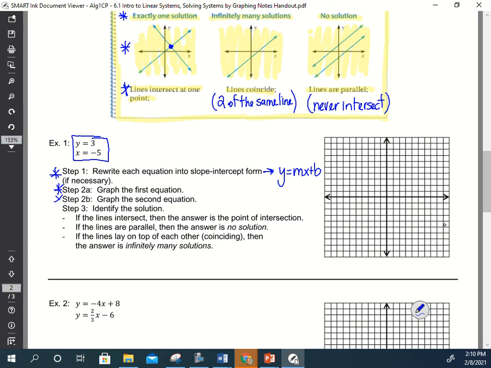The next step is to graph each equation. So you graph it like it's its own separate problem. So y equals 3. So remember, if you have y equals just a number, that is a horizontal line. Those are just horizontal lines.